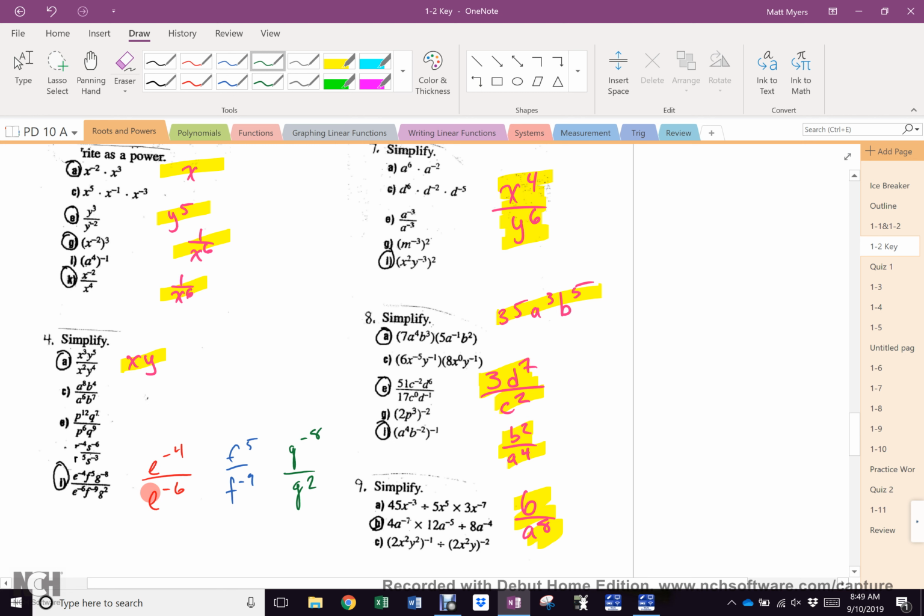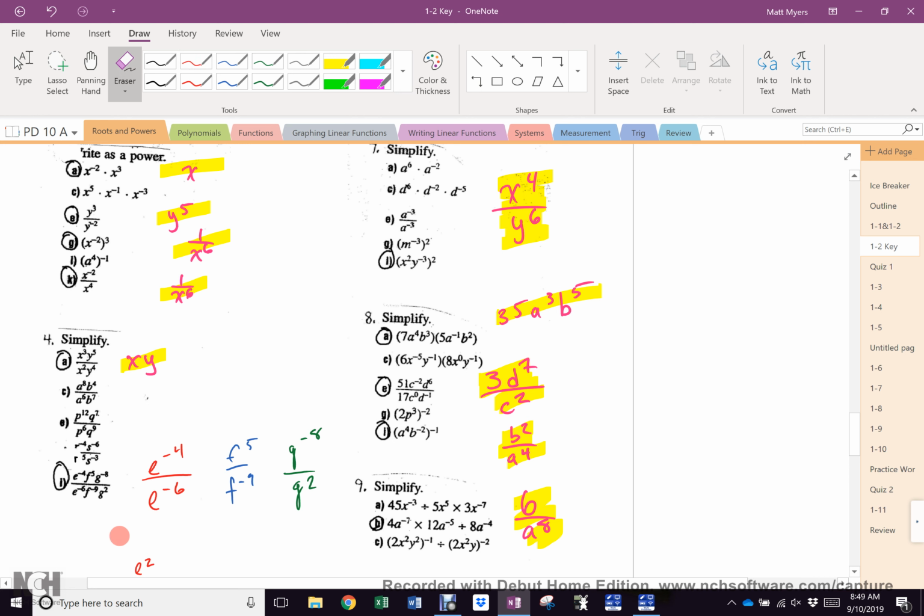What do you do when you have division with the same base? Subtract the exponents. Where are the exponents? Negative 4, negative 6. So this is e to the negative 4 minus negative 6, which is e squared. Everybody cool?